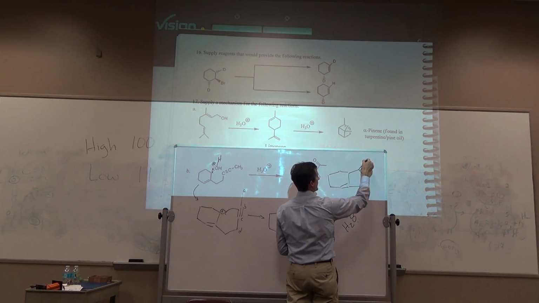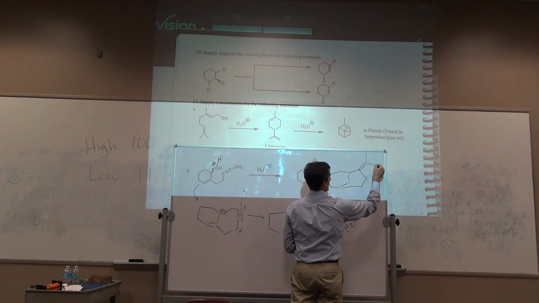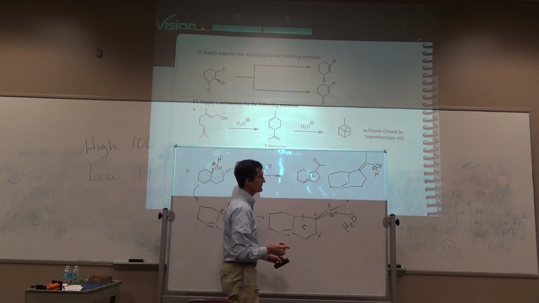Okay, stereochemistry is not going to matter. I'm going to draw the OH here. It's more than an OH. There's another H, and there's a lone pair, and there's a plus charge after water bonds.